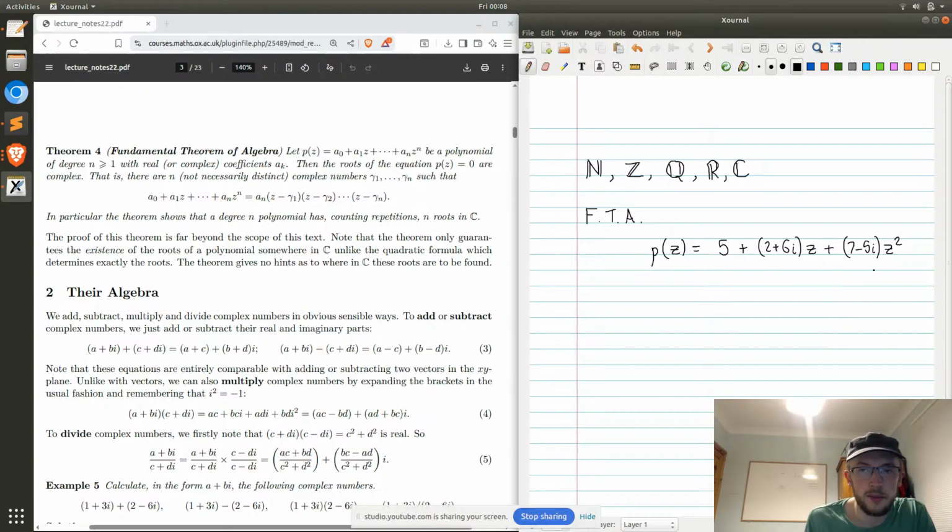That's a polynomial of degree 2, and as you can see, a0 is just a plain old real number, a1 is a complex number, and so is a2.